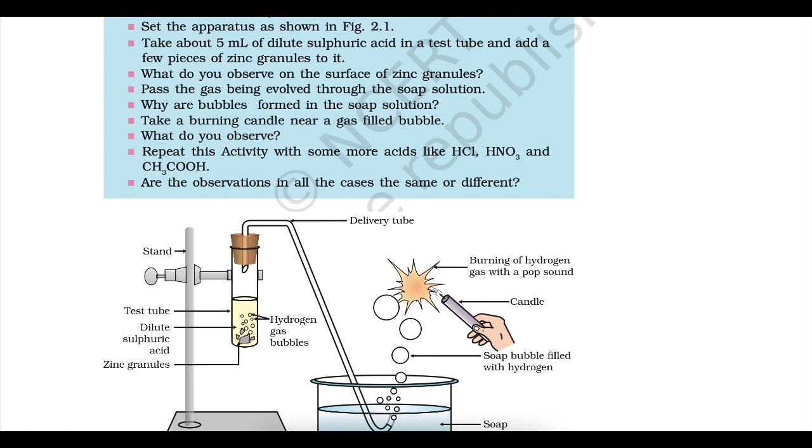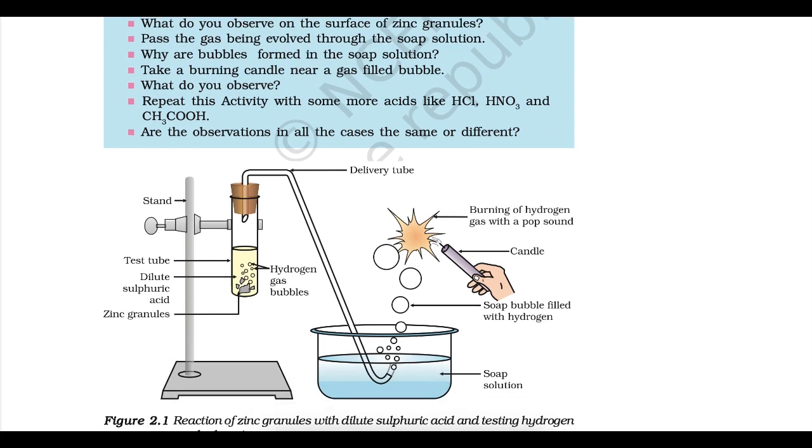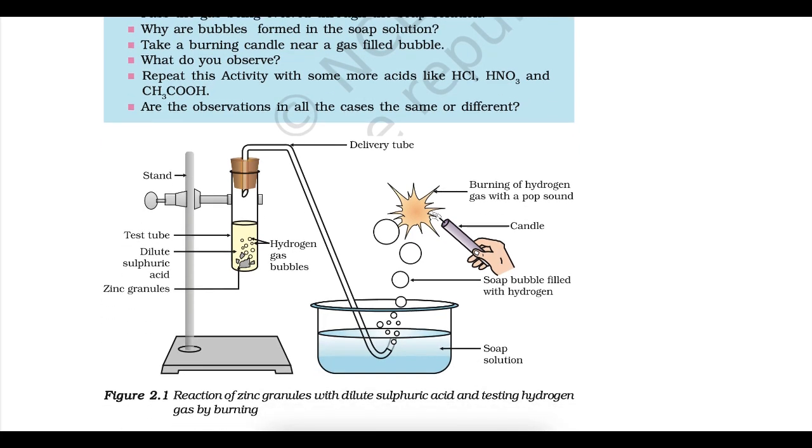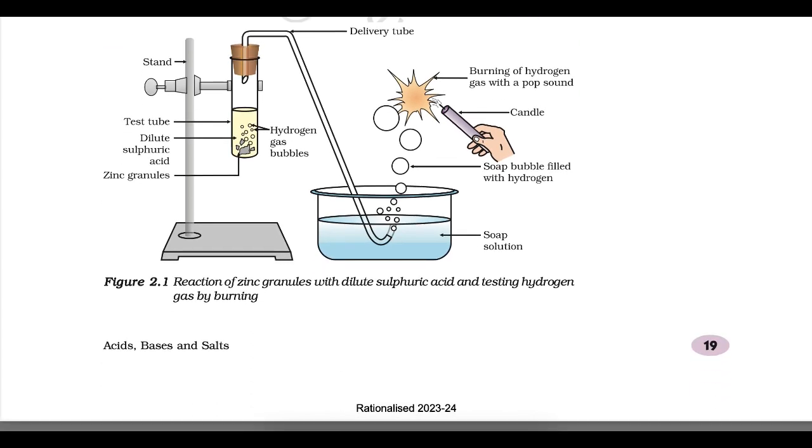Pass the gas being evolved through the soap solution. Why are bubbles formed in the soap solution? Take a burning candle near a gas filled bubble. What do you observe? Repeat this activity with some more acids like HCl, HNO3 and CH3COOH. Are the observations in all the cases the same or different?